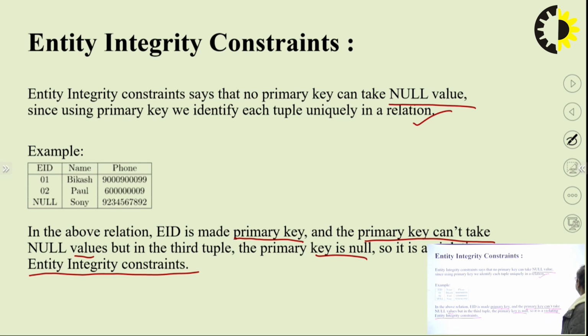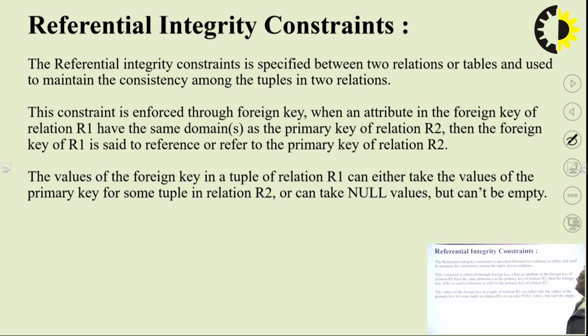Referential integrity constraint. The referential integrity constraint is specified between two relations or tables and is used to maintain consistency among the tables. Think of a child table being created from a parent table.